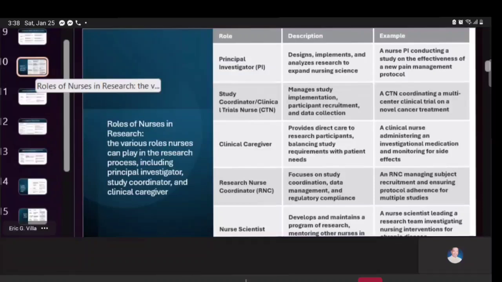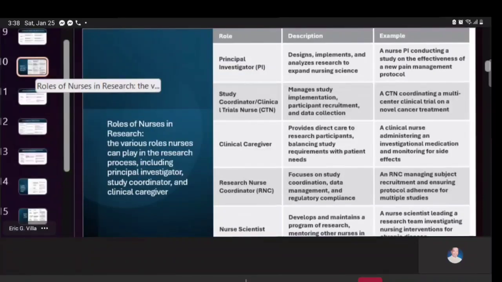For example, Nurse Eric might lead a study investigating the effectiveness of a new pain management protocol during post-operative care, wherein he oversees all aspects of research from conception to dissemination of results.